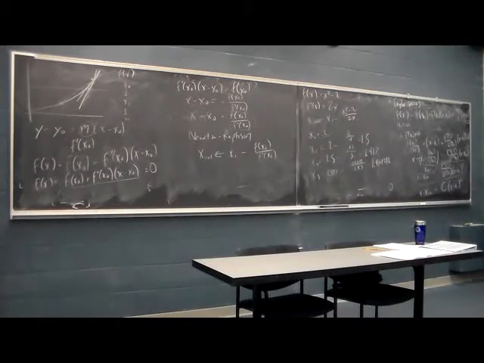And what that's telling us is that if x is the 0 we're trying to find, which was our assertion when we set this thing equal to 0, then this is going to be the error in our approximation at step i plus 1. This is the error in our approximation at step i. And this is asserting that the error in the approximation at step i plus 1 is proportional to the square of the error in the approximation at step i.